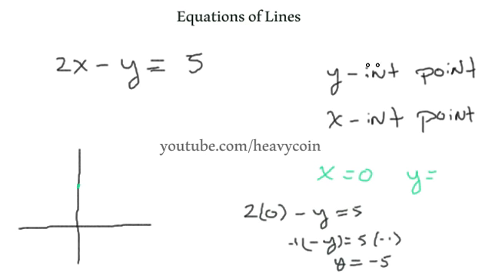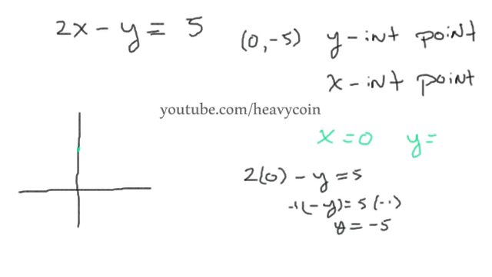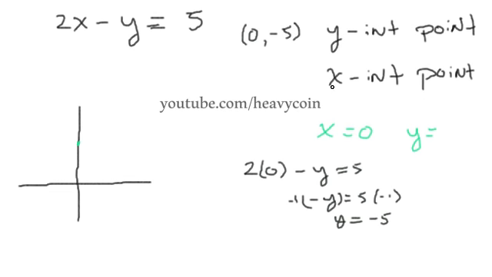So we know that our y-intercept point is going to be x was 0 and y is negative 5. Now we want to find the x-intercept point. Actually, let's go ahead and find this point right here: 0, negative 5.